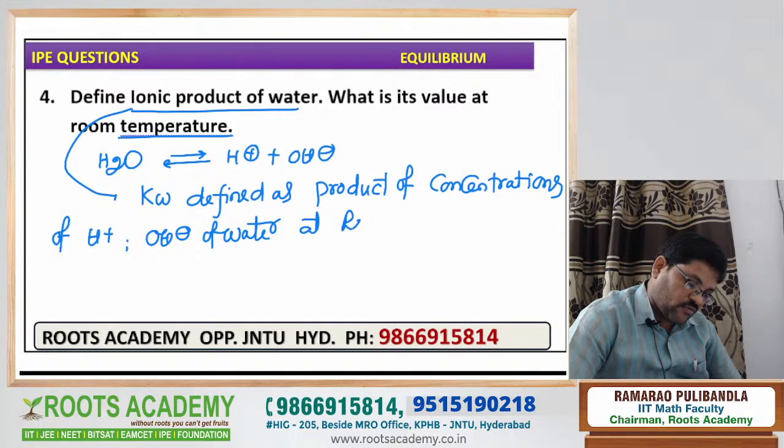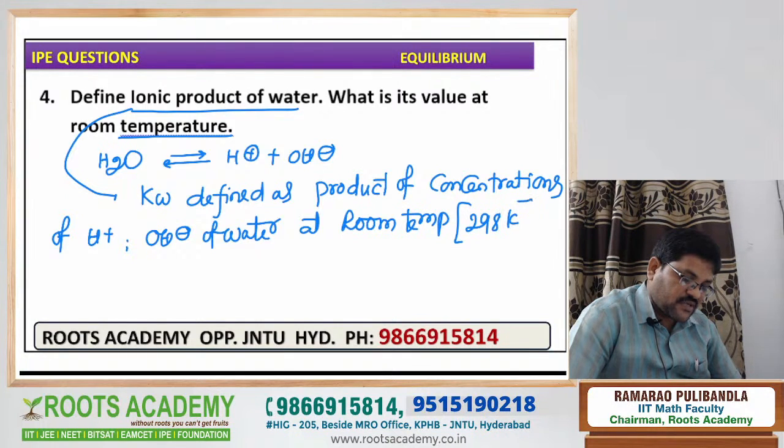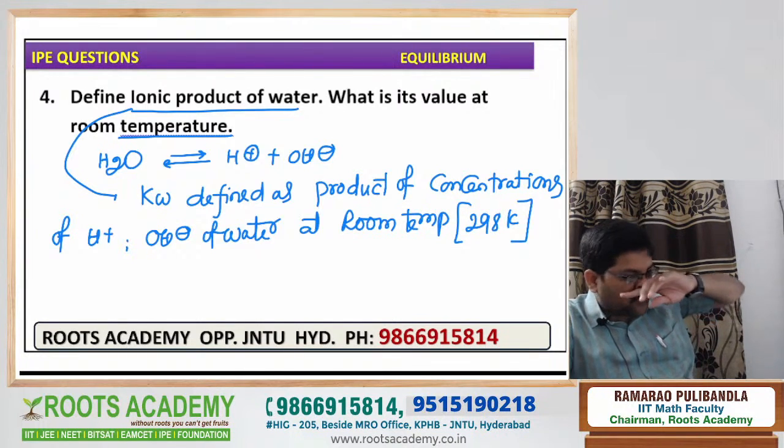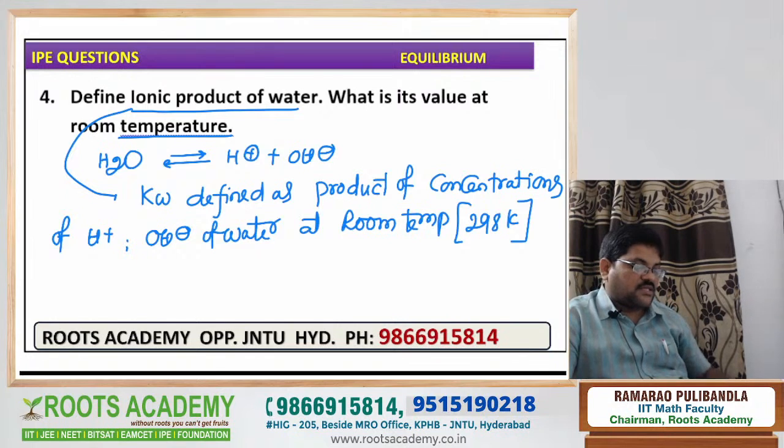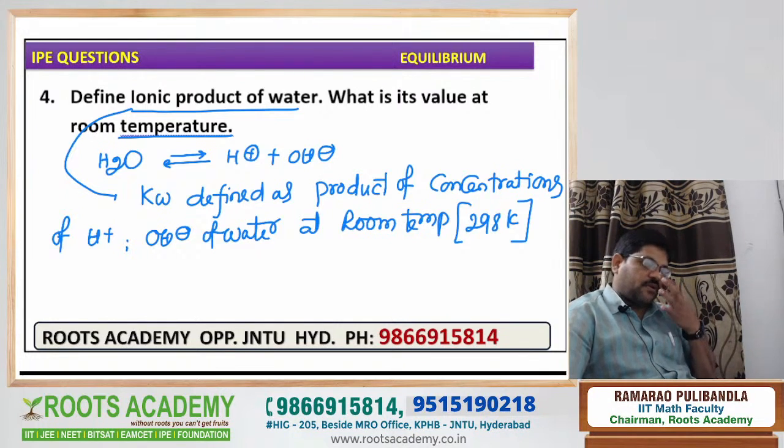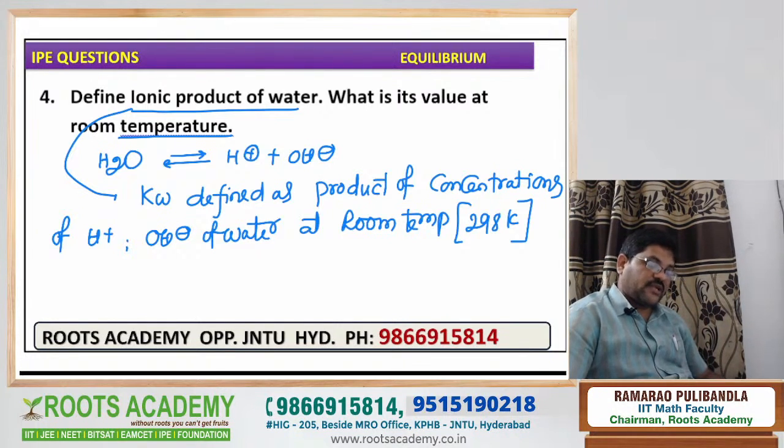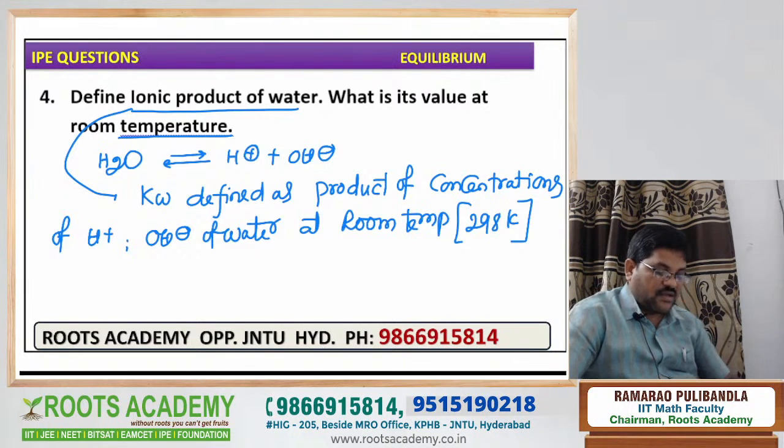Product means multiplication. You know room temperature is 25 degrees, and 25 degrees means 298 kelvins. That is the statement of the ionic product of water. Repeat once again: the symbol of the ionic product of water is Kw. Kw is defined as the product of the concentrations of the H plus ions and OH minus ions of water at room temperature.